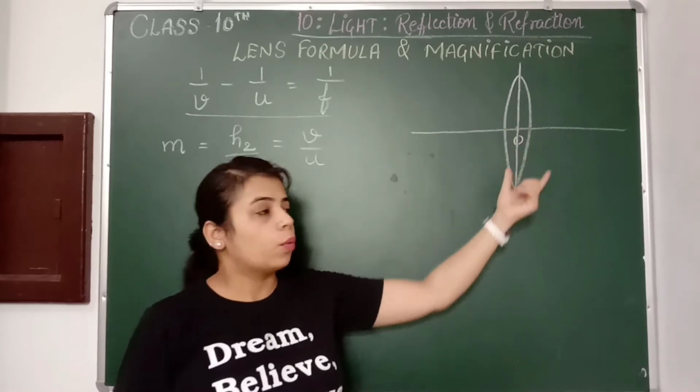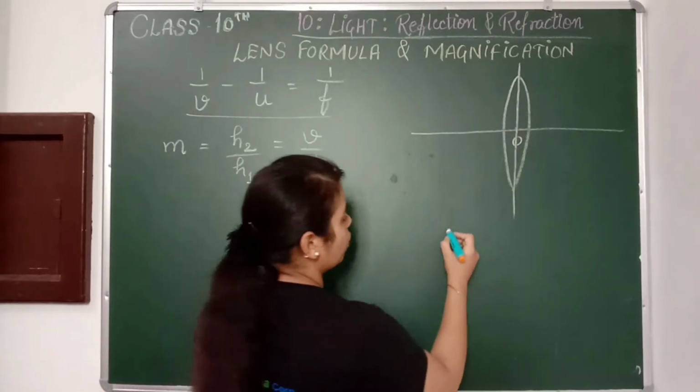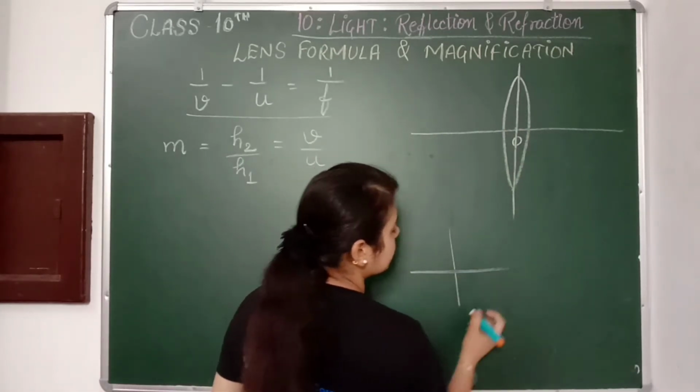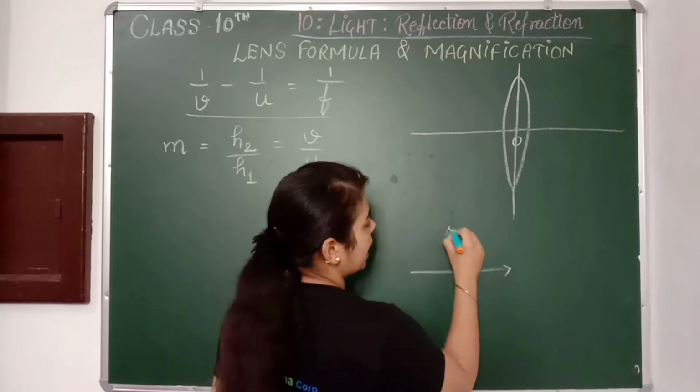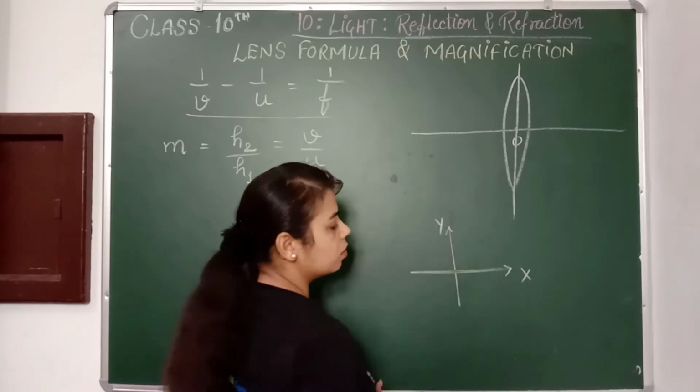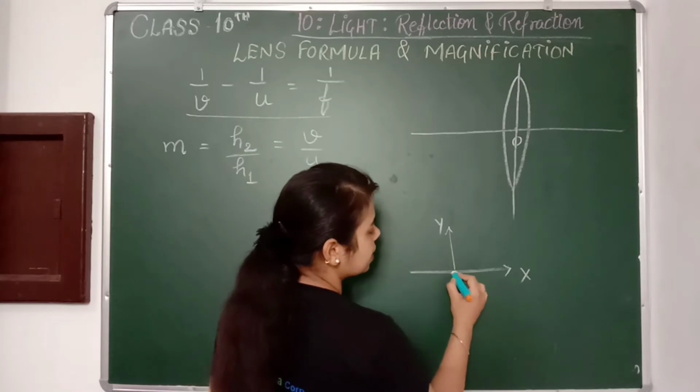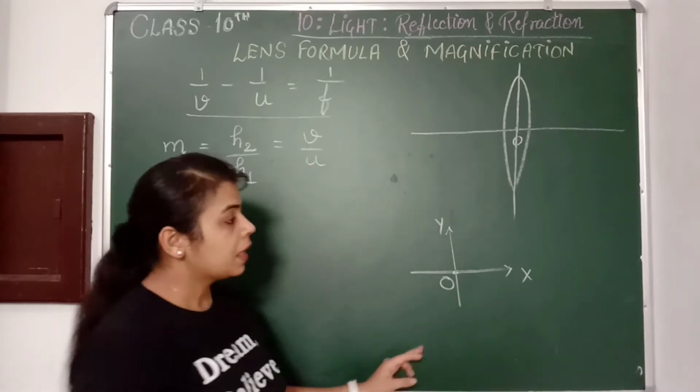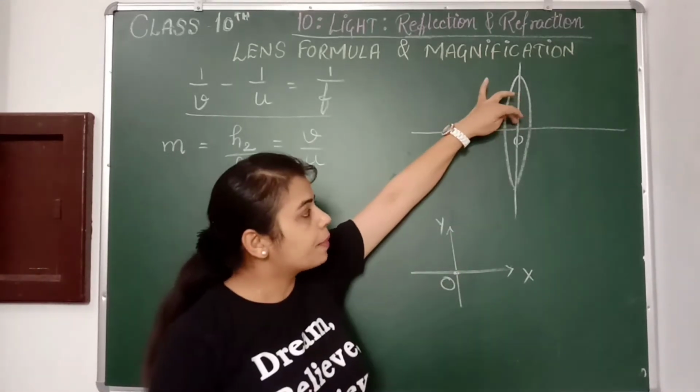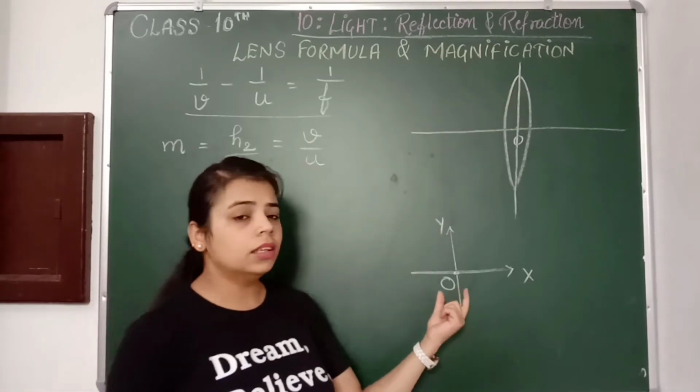This is very similar to the graph in mathematics, where we draw the x-axis and y-axis perpendicular to each other, and at the intersection there is an origin. Similarly here the optical center will work as the origin.